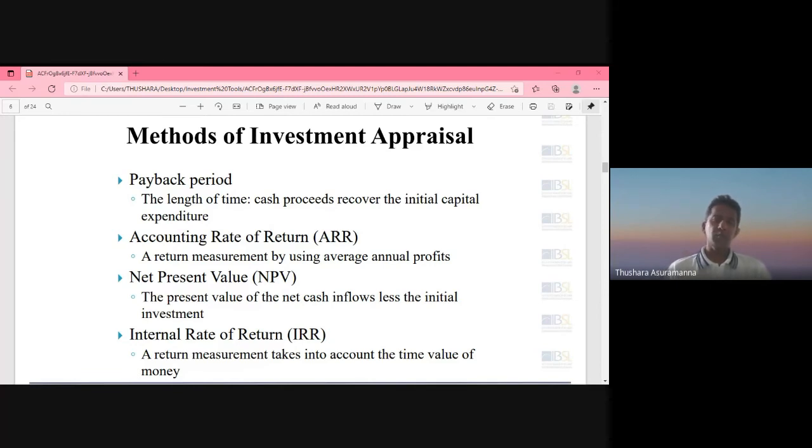Okay, so basically we are trying to understand 4 tools today: payback, ARR, NPV, IRR. Now what we are going to do is take one example and, using the example data, compute each of these tools, for more familiarization.